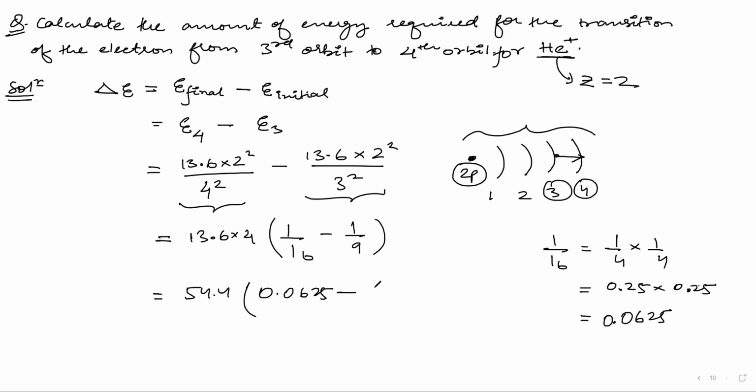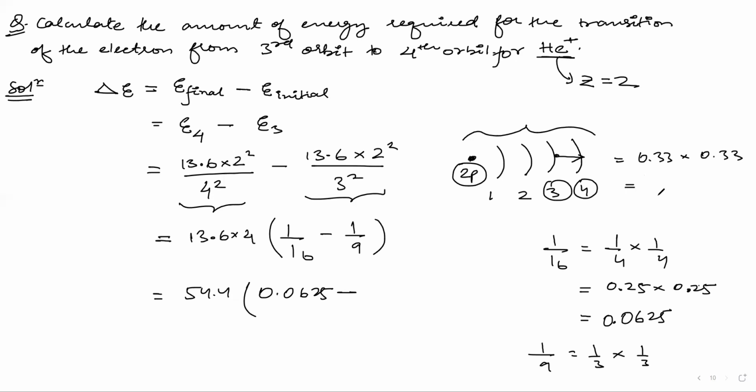0.0625 minus, what will be 1 by 9? 1 by 9, you can write it like this now. 1 by 9 is equal to 1 by 3 into 1 by 3. Correct? Yes, sir. So you have 1 by 3. 1 by 3 is equal to how much? 0.33 into 0.33.